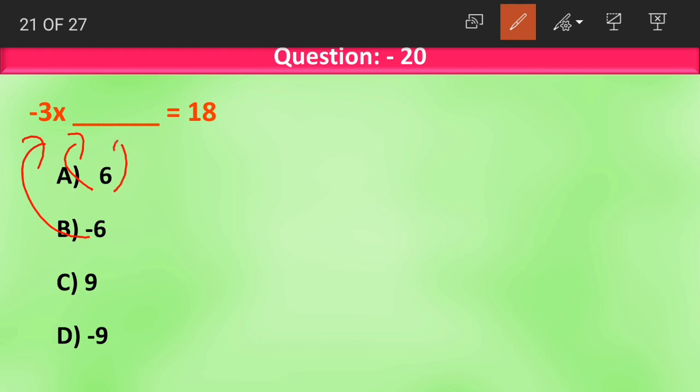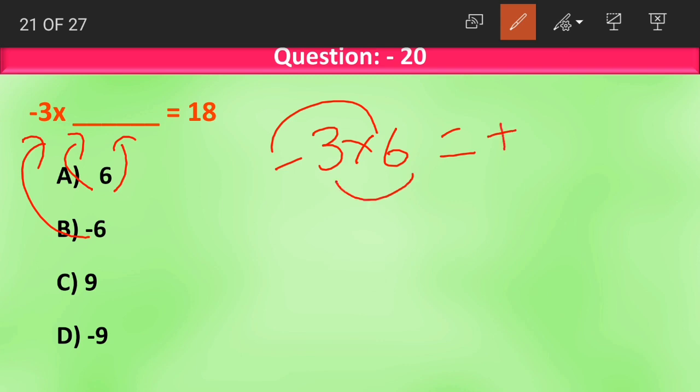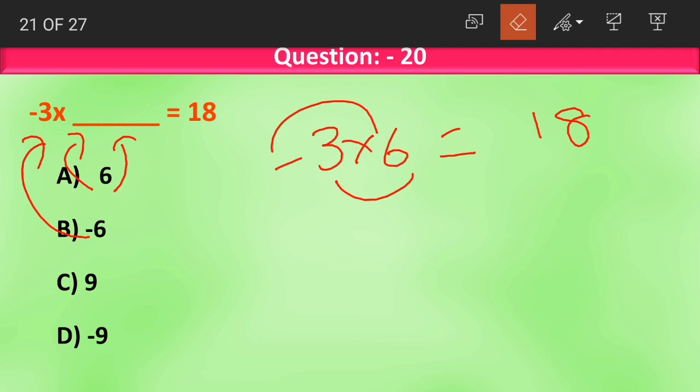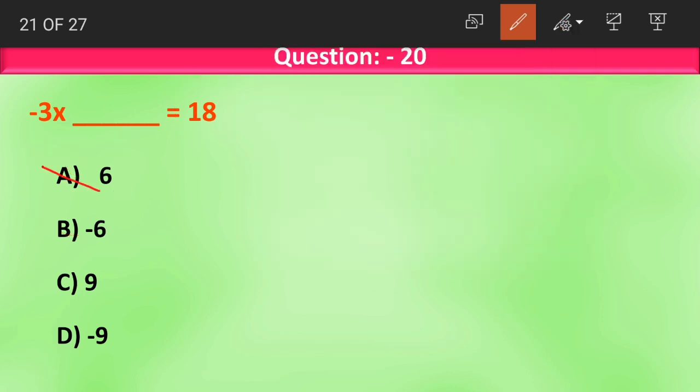Like first I'll put 6 here. Minus 3 into 6 is equal to what? Minus into plus is minus. 3 sixes are 18. But in the given question the answer is 18. So option A is not the correct answer.